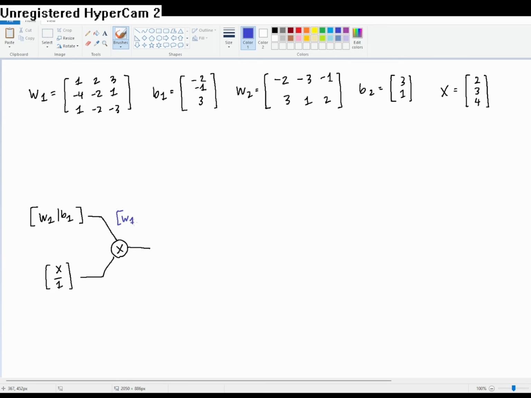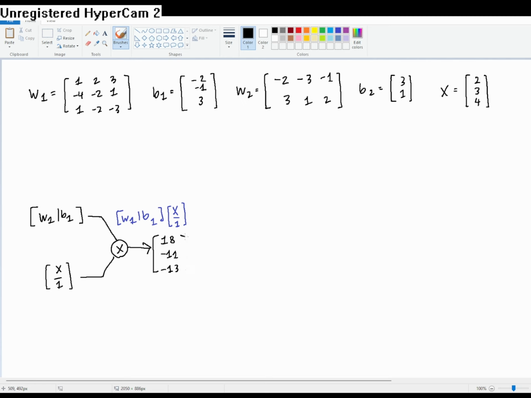You take the weights and the biases and multiply them by x with the 1. This is what's happening right here, and it's going to get you a matrix that looks exactly like this. We're about precision here. So it's going to be 18, negative 11, and negative 13. Okay, so this is the first multiplication.